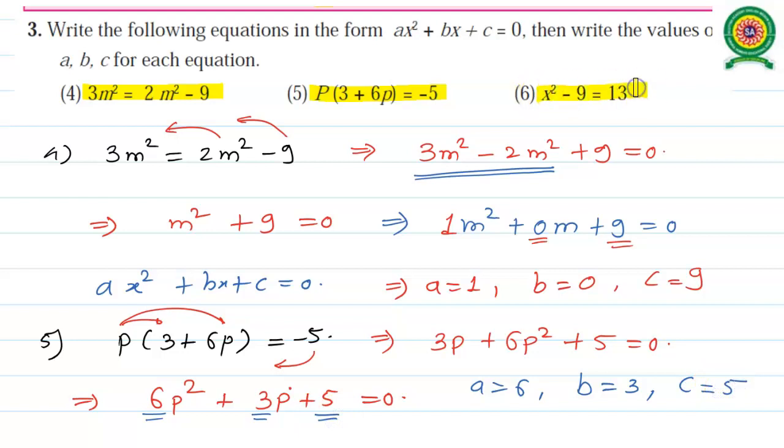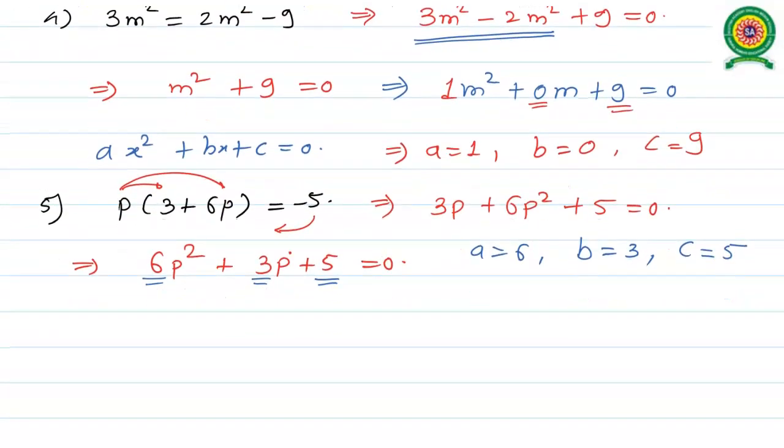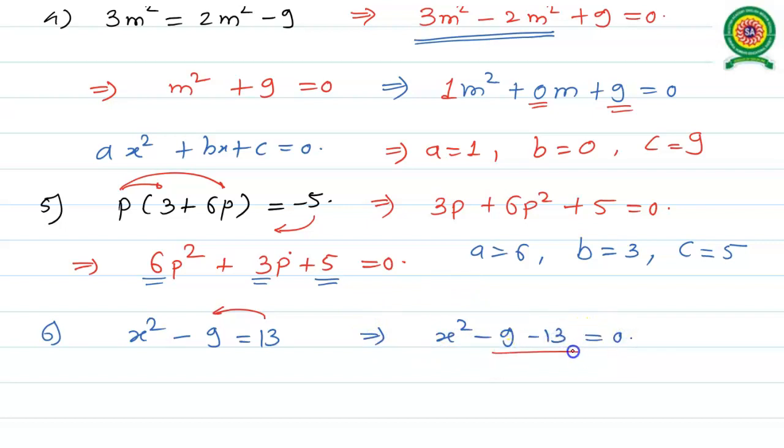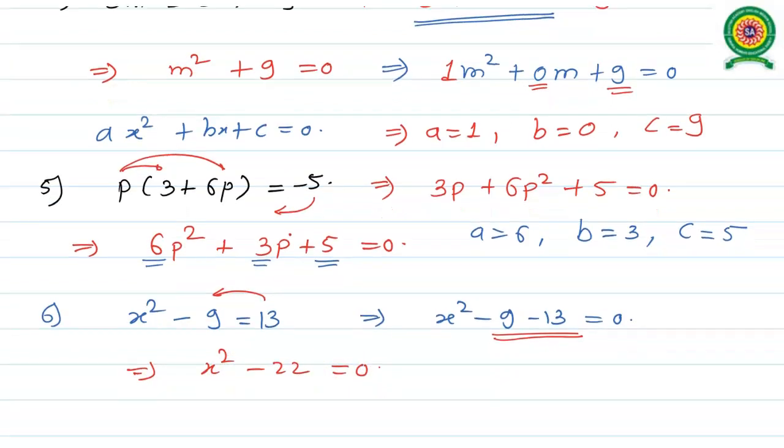Now look at the sixth sub question. It is of the form x square minus 9 equals 13. After shifting 13 from RHS to LHS, it becomes minus 13, keep in mind, and that equals 0. Now minus 9 and minus 13 can be combined, so after simplifying we get x square minus 22 equals 0.